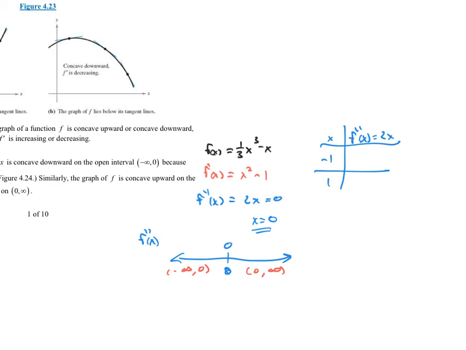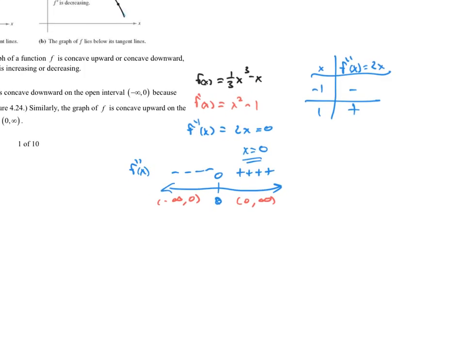And when I plug that in, 2 times negative 1 would be negative. 2 times positive 1 would be positive. So I know on the first interval, my second derivative has to be negative. On the second interval, my second derivative has to be positive. Well, anytime my second derivative is negative, that tells me that my original function has to be concave down, the shape of a frown, some part of the shape of a frown.